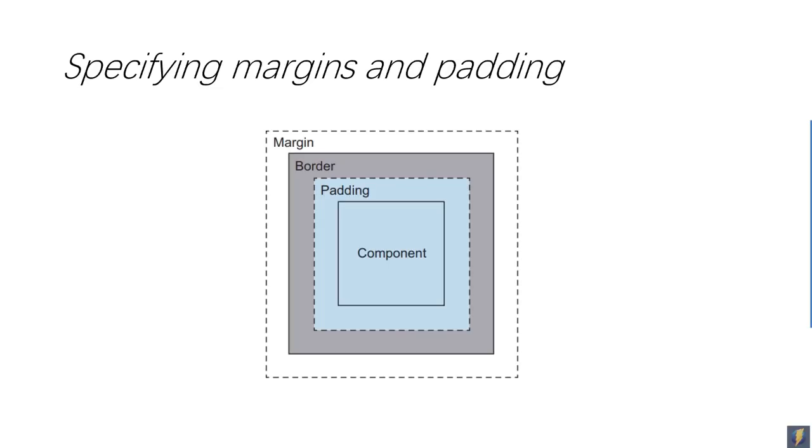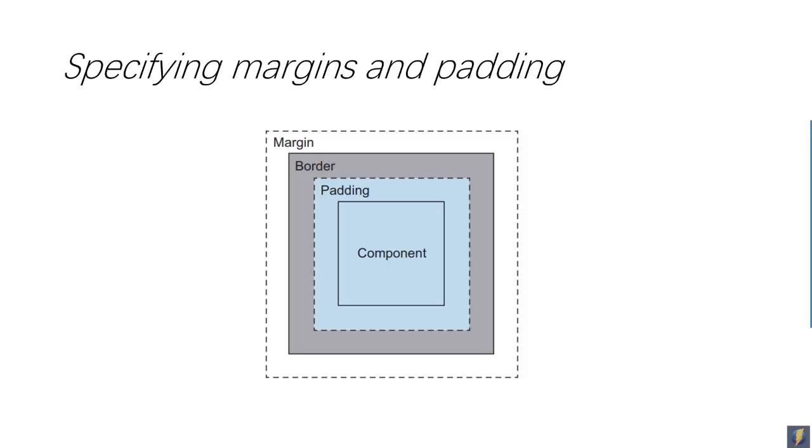If only the general margin property is set, it means all these margins are the same.